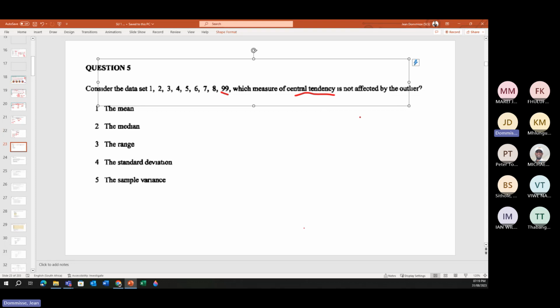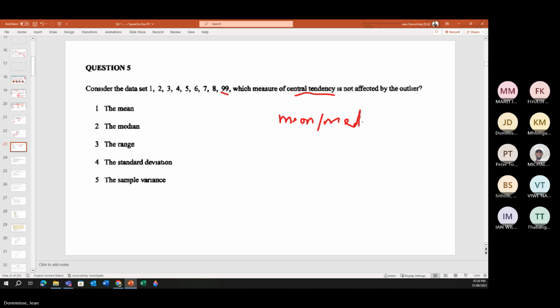Okay, so central tendency, what are those? So the mean, median, and mode. Okay, so that is the three that can be around central tendency.